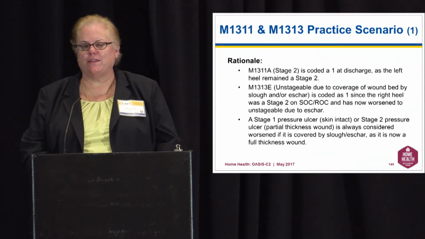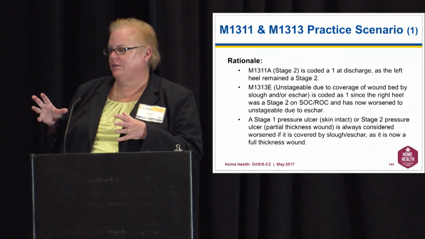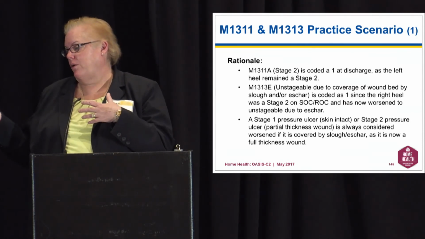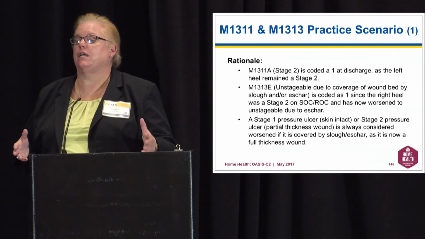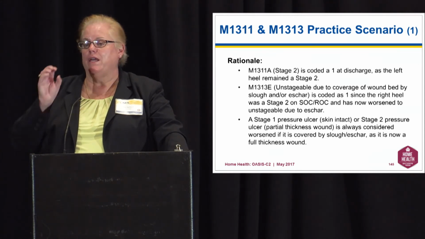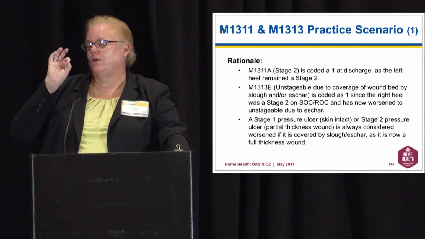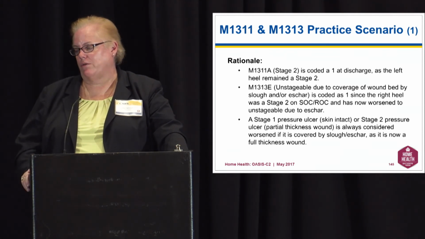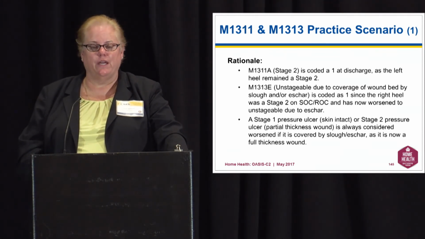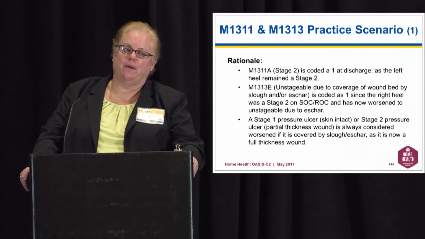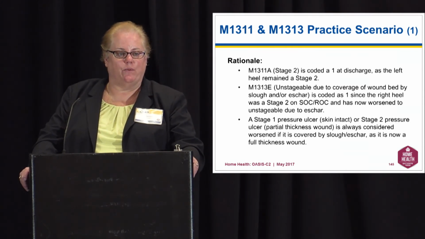So the fact that we have eschar tells me it's minimally at least a 3. Could be a 4, but it's at least a 3. It's worsened from a stage 2. So that's where we're saying it's actually worsened, because we know that a stage 2 that evolves to the point of having slough and eschar is minimally a stage 3 or greater. So we know for a fact it's worsened. That's a real fine line in making sure your staff understand that one.